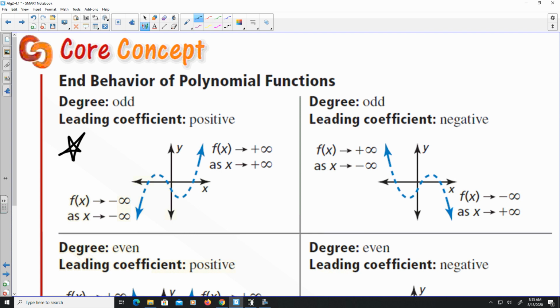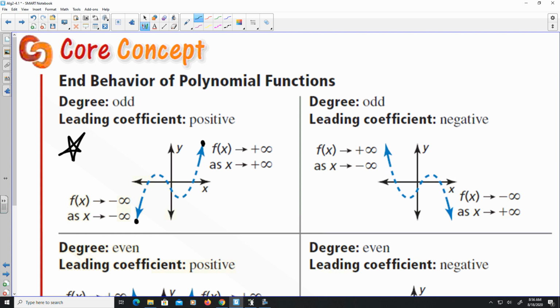So if you look, where does your graph start? Anytime you're looking at where the graph starts, imagine you're trying to read a book, you're going to go from left to right. So your graph starts here, kind of at the bottom of the graph. It finishes at the top over here.